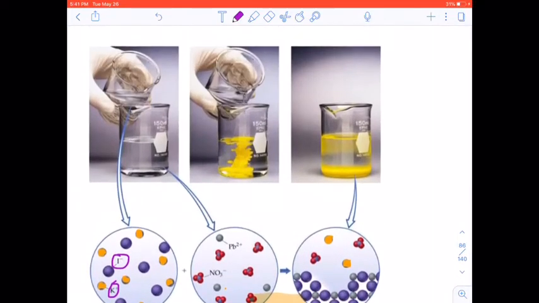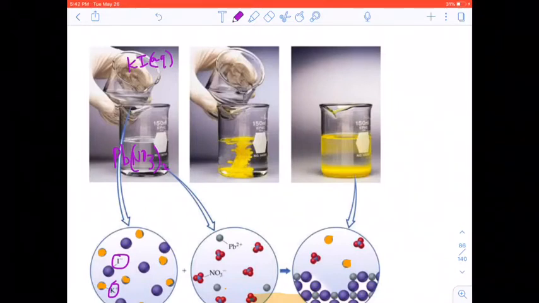As soon as potassium iodide is poured into a solution of lead nitrate, what do we see?